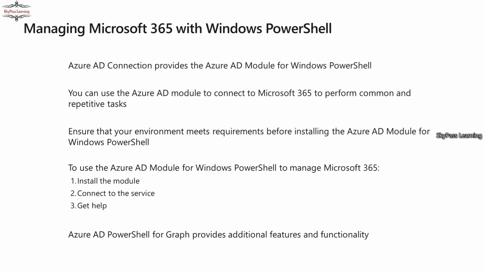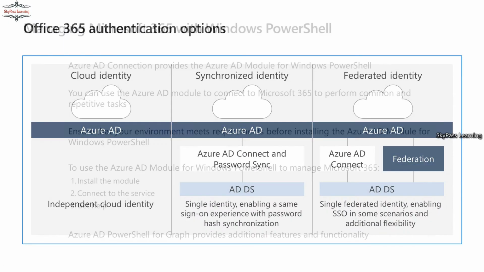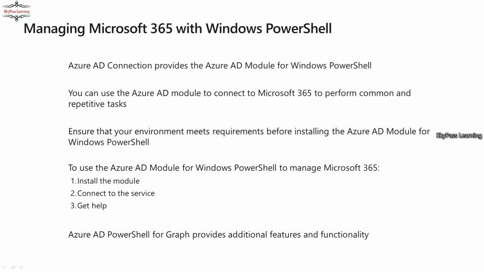So okay, once you are going to install it, here is the step-by-step installation. So we can see how we can install the Microsoft PowerShell Azure AD module. Okay, so now we are going to install the Windows PowerShell module for Azure AD.